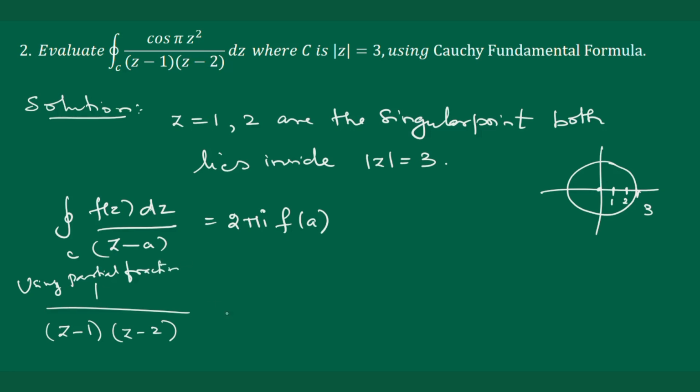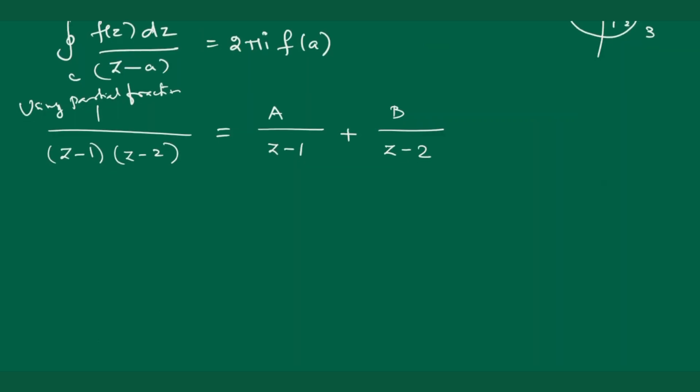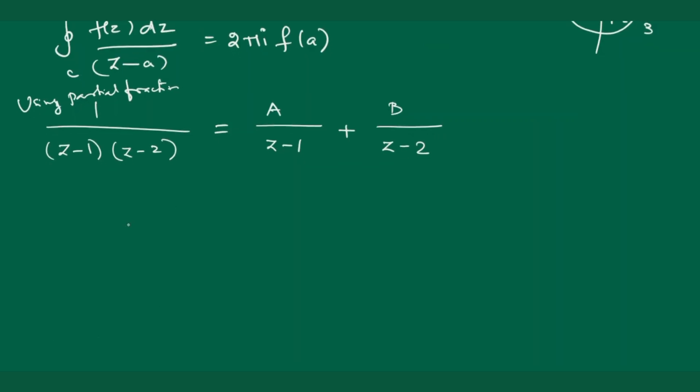So we split this using partial fractions. You can recall the method of partial fractions. Since the denominator has linear factors, we consider the numerator as a constant a divided by z minus 1, and for the second factor, let it be b by z minus 2. Now as usual, we have to find the values of a and b. Here 1 is equal to a into z minus 2 plus b into z minus 1.